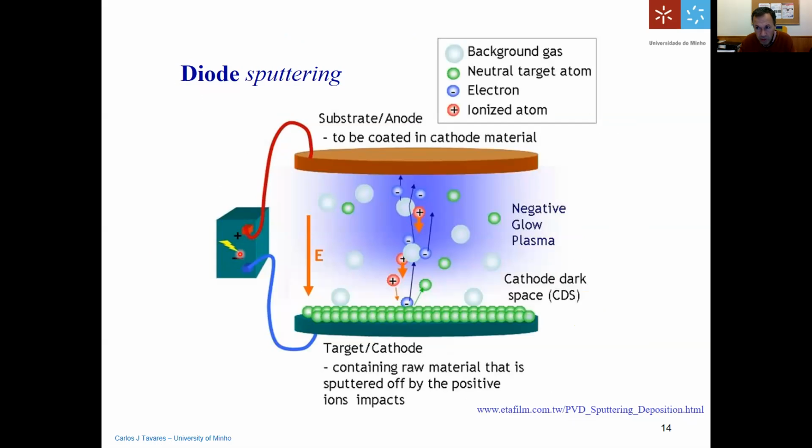Okay, and why are we doing this? Because, like I said, if you're doing, for example, reactive sputtering, we have to avoid the accumulation of oxygen on the target surface, because then you will shield this electric field. Okay, it will cease to have such a high intensity.